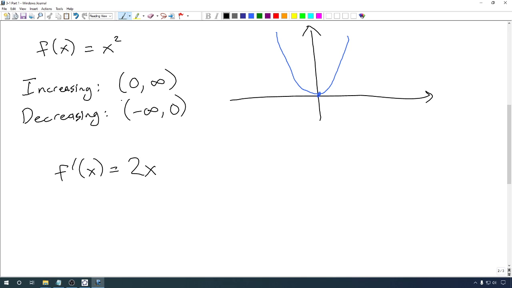It corresponds to the original function x squared being increasing from 0 to infinity. On negative infinity to 0, there we're putting negative numbers into 2x. We get negative numbers out, and the derivative being negative there corresponds to the original function being decreasing there.